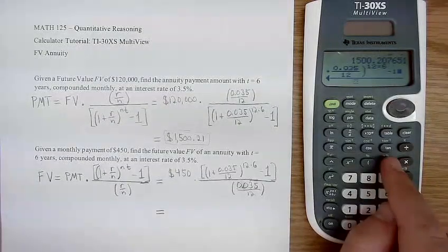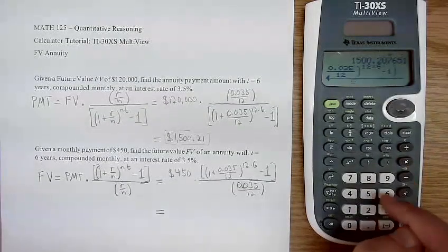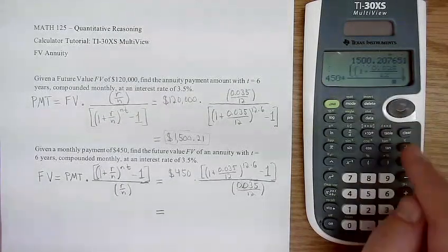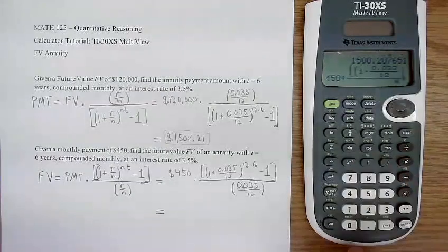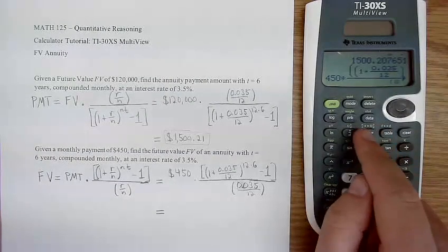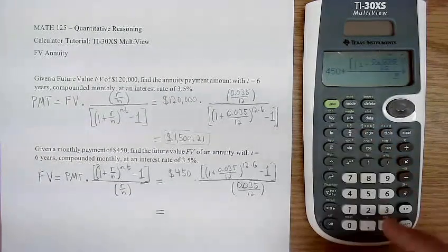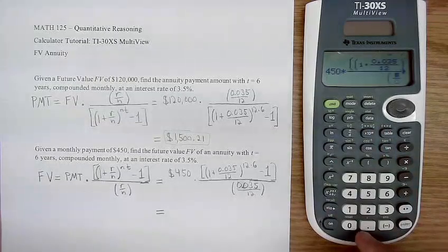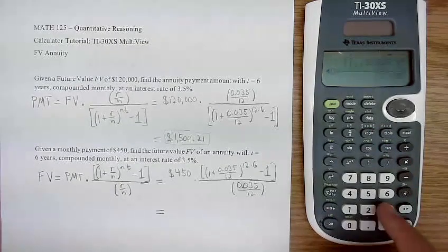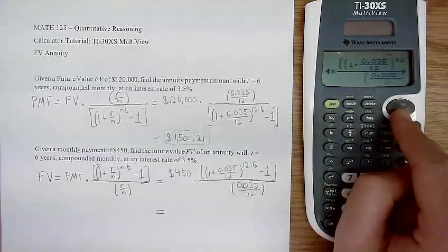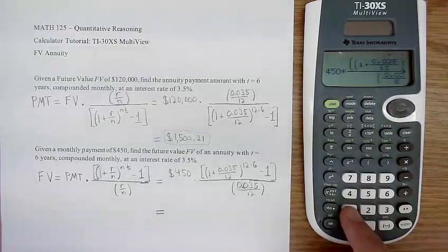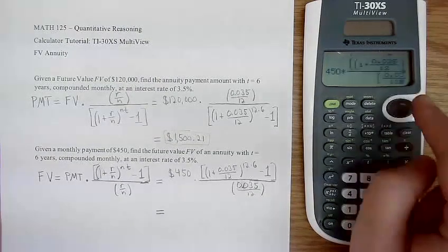To leave the exponent, I'm going to hit my right arrow, and now I can do my subtracting off of 1. Close out my last parenthesis, and now I need to move to the bottom of the fraction, where I'll put, again, a left parenthesis, and now I have a fraction, so I'll put in the N over D button. I'll put in my rate again of 0.035, and then move to the bottom of the fraction, where I'll put in my N, my 12.